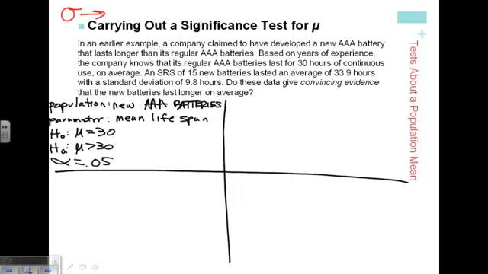Wait, it should be Z because we have standard deviation. Is it? There's your summary of how you make that decision. So it is Z. If you're given sigma, you should carry out a z-test. If you're not given sigma, you should carry out a t-test.